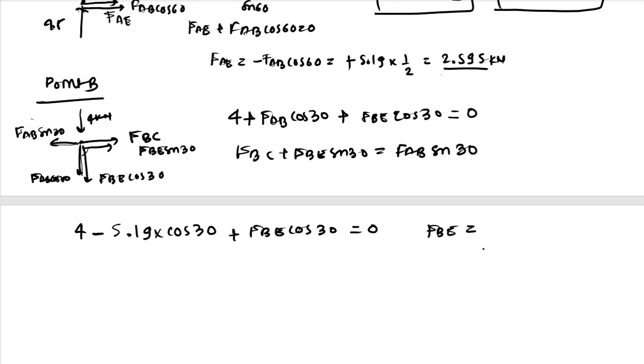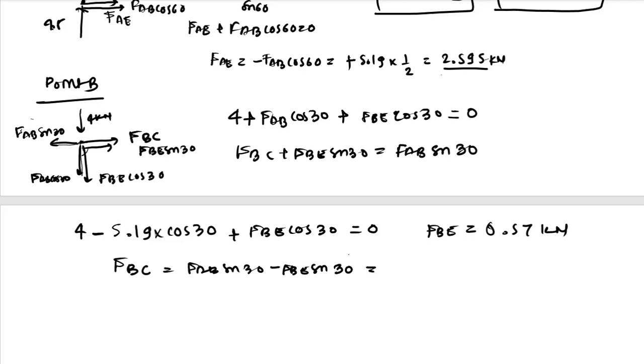Yeah, 5.19 cos 30 minus 4 divided by cos 30. If you calculate this, you will get it as 0.57 kilonewton. So as you can see, it is in the tensile direction. Also, we have our second equation, FBC is equal to FAB sin 30 minus FBE sin 30, which we have calculated.